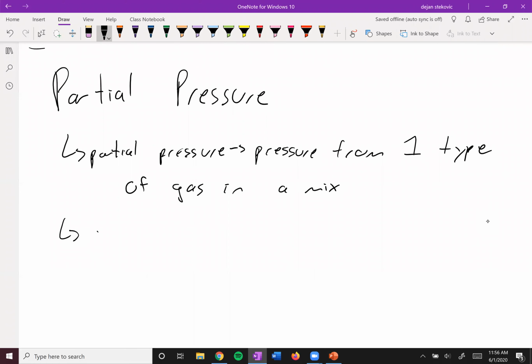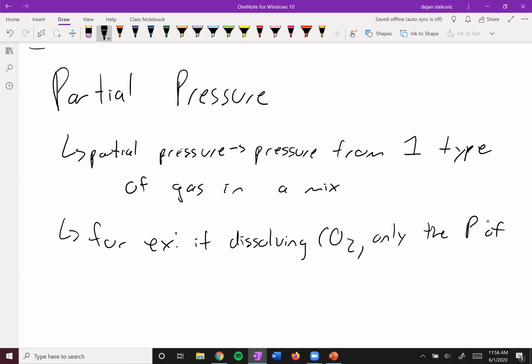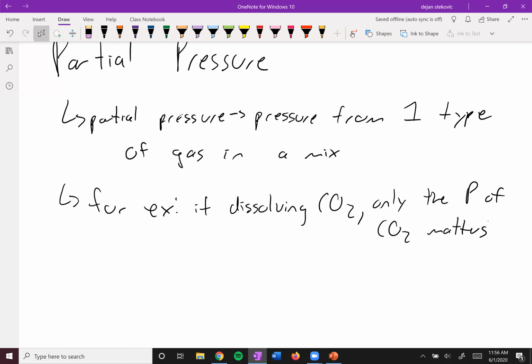So for example, say we want to make some soda or some beer. We want to dissolve some CO2 in here. Only the pressure of CO2 matters. If we want to get more CO2 in that solution, we have to increase the partial pressure of carbon dioxide. If we increase the partial pressure of oxygen, nitrogen, argon, any other gas, it will not affect the CO2. Only the thing that's the same as it.